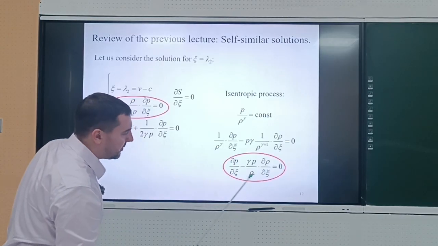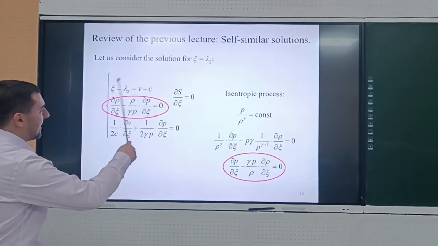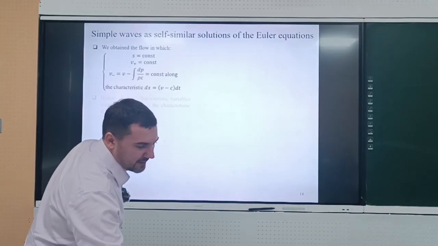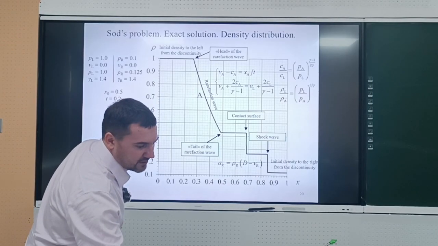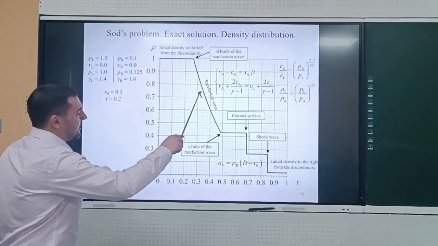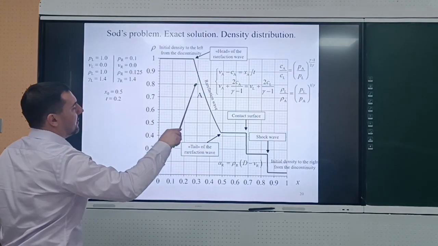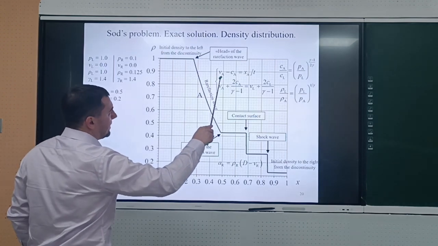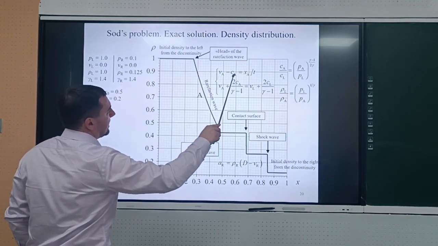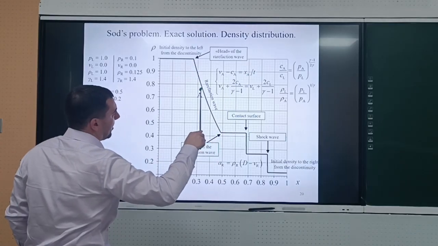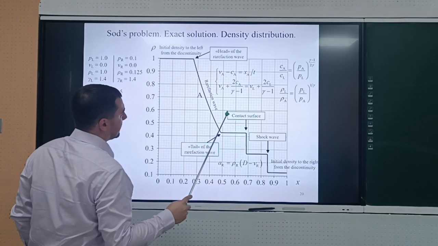I told you that I hope you will understand the meaning of all these things, and now we can apply them directly and show what it means. Consider any point A inside this rarefaction wave. For this point, the velocity minus the speed of sound at this point is equal to xa over t, where xa is the coordinate of this point and t is the time instant.